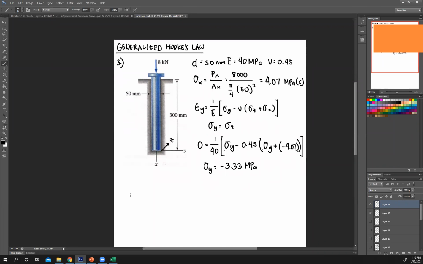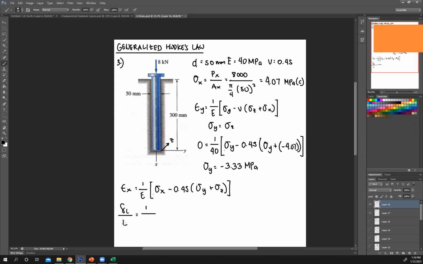Okay. So now that I have that, again, our goal is to look for change in length. So now I can solve for the strain along the x-axis, right? Which is equal to 1 over E times sigma x minus 0.45 times sigma z plus sigma y, right? So sigma y, sigma z. Then we're looking for change in length, and strain is just deformation, which is your change in length over original length.